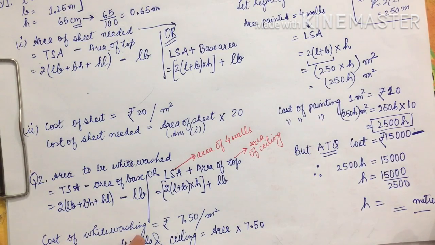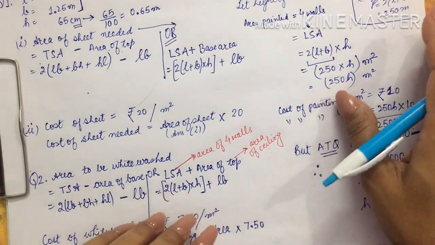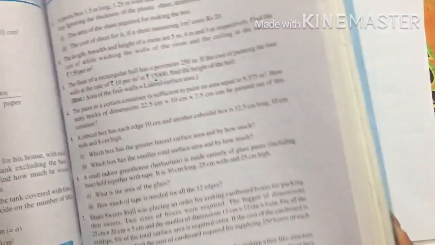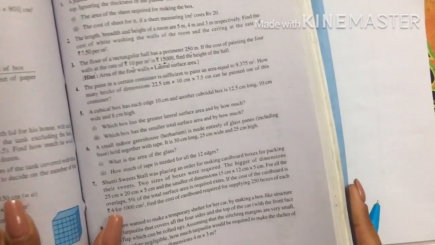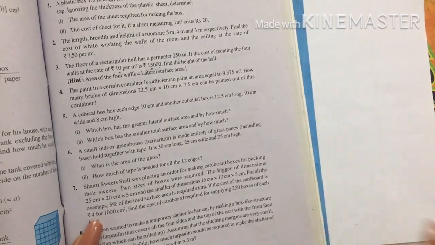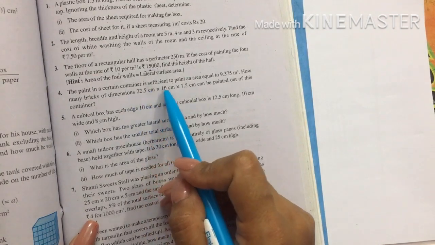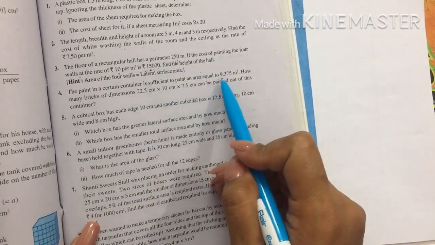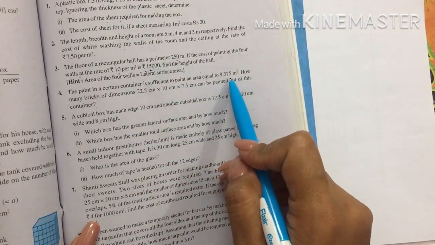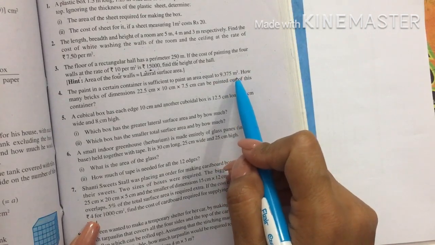Now let us do the next question. Question number 4. A paint in a container is sufficient to paint an area equal to 9.375 meter square.